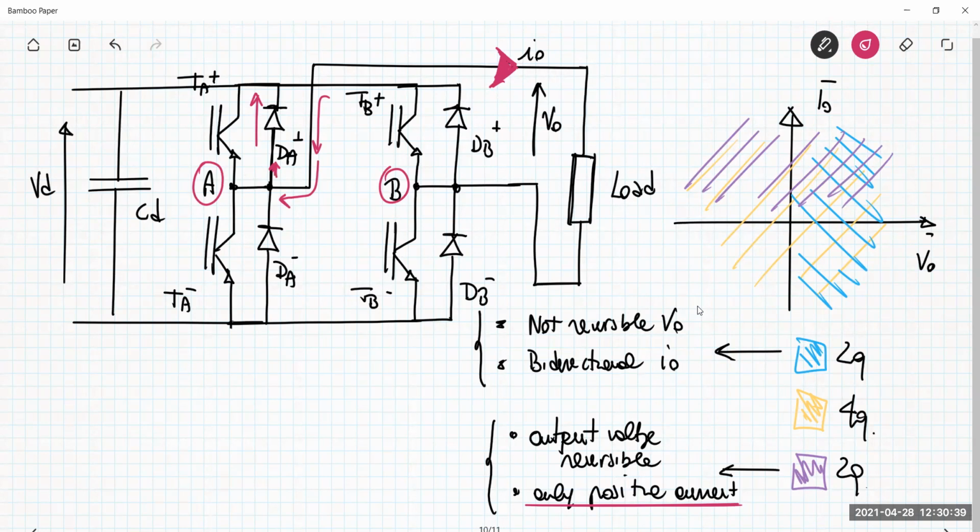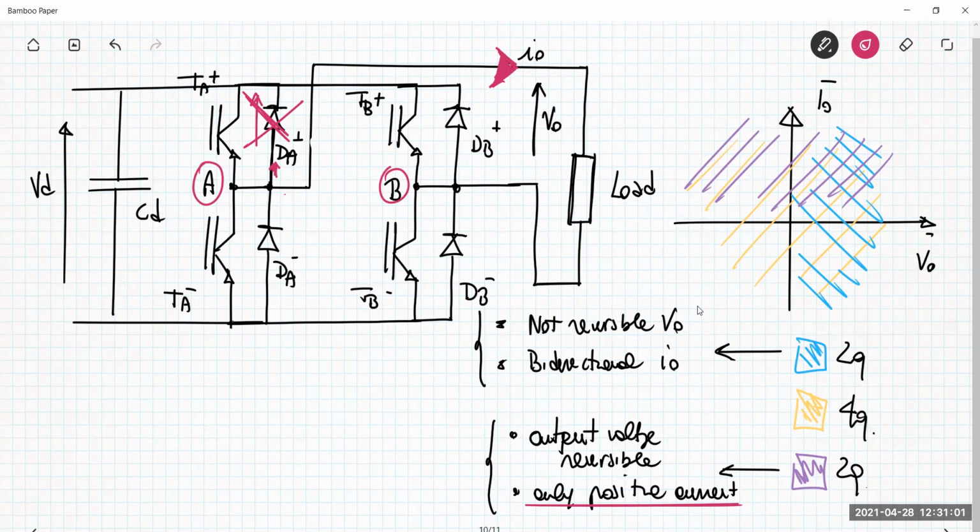But this is not the case. I'm searching for a converter that is able to support just a positive current. So that means that I can skip this component here. I can take this component off because it's never used in this circuit, so it is totally useless.